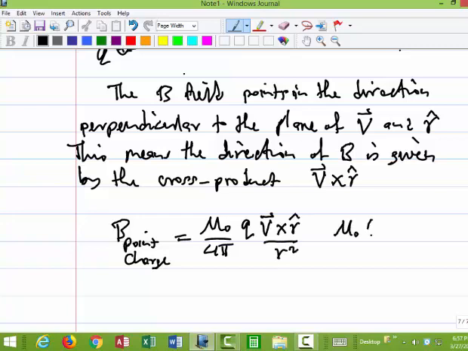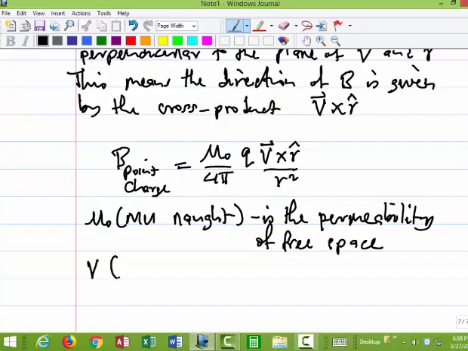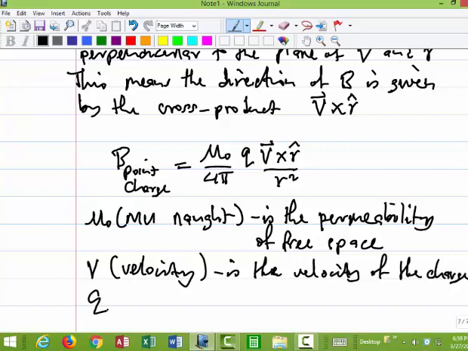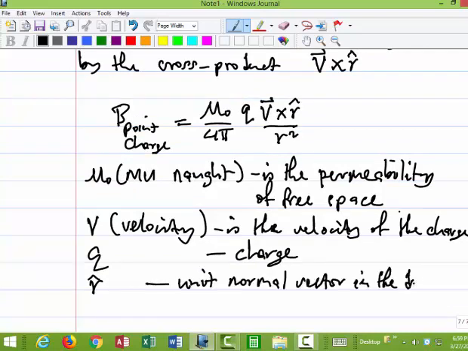This is the letter mu, so this is mu naught, where naught just means the 0 at the bottom. Mu naught is the permeability of free space. V is the velocity of the charge. Q is the charge, and r hat is a unit vector in the direction of r.